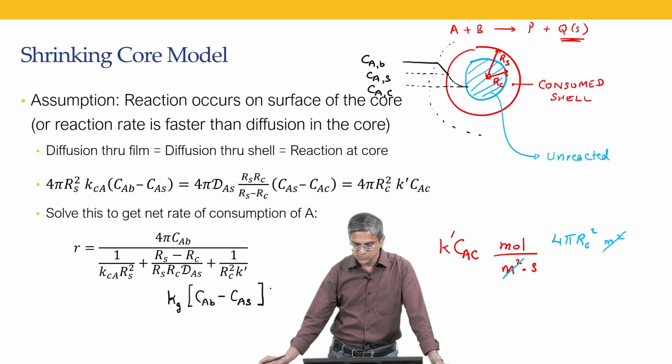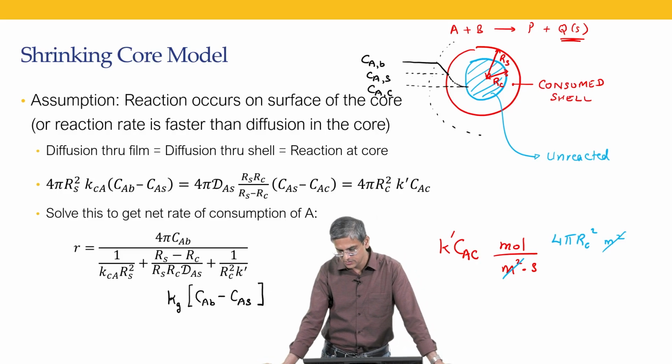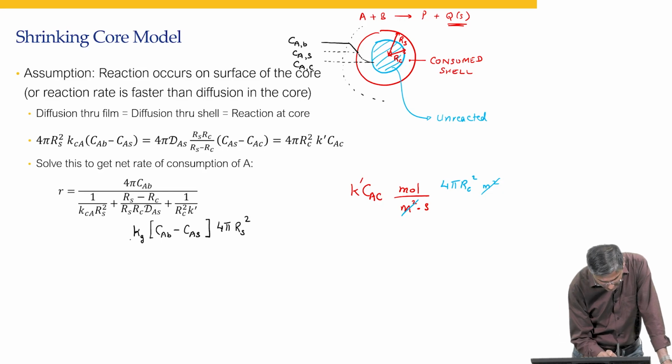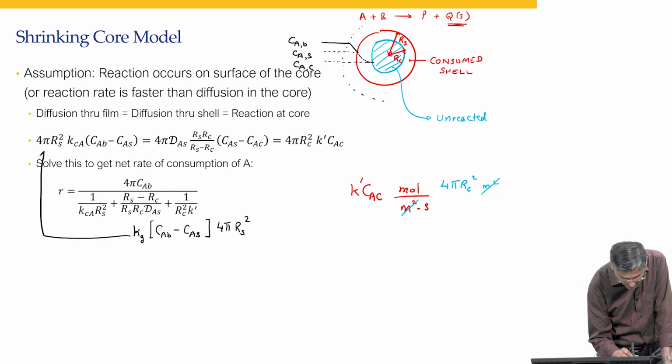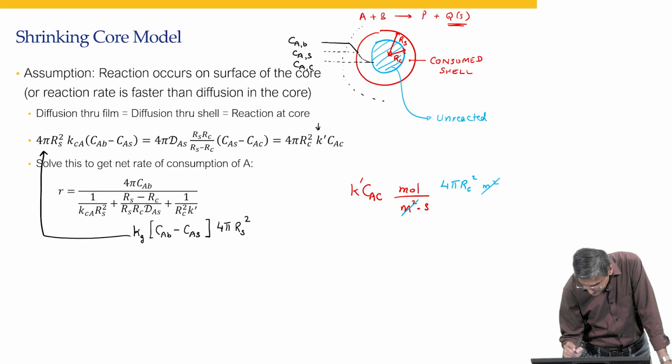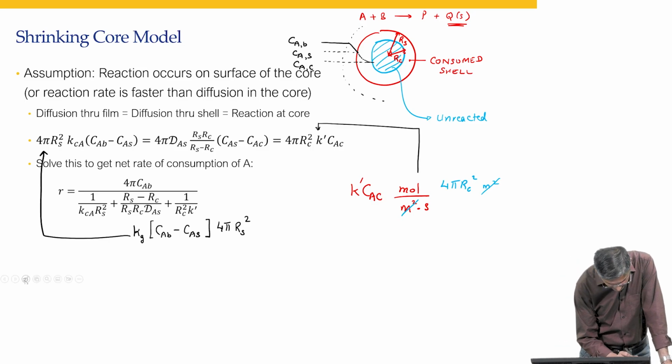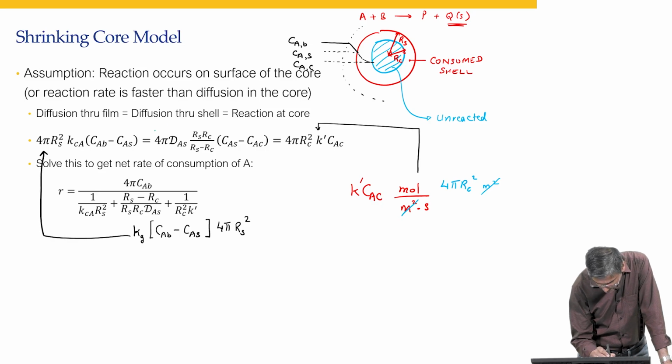This is in terms of moles per meter square per second. What's the surface area? 4 pi RS squared. Okay. This is this guy, this is this guy. Where does this come in?